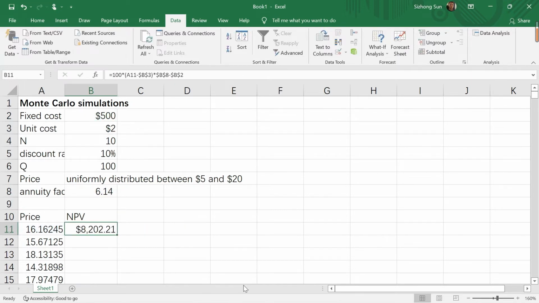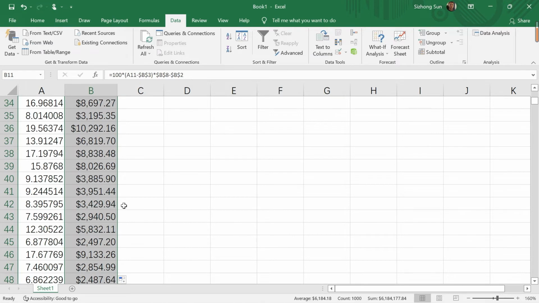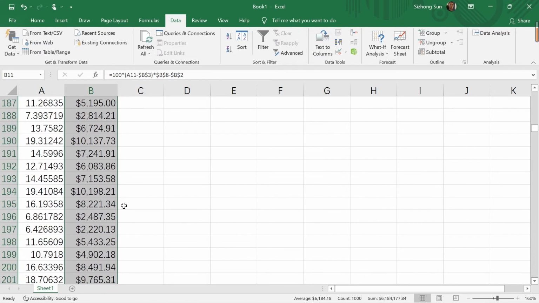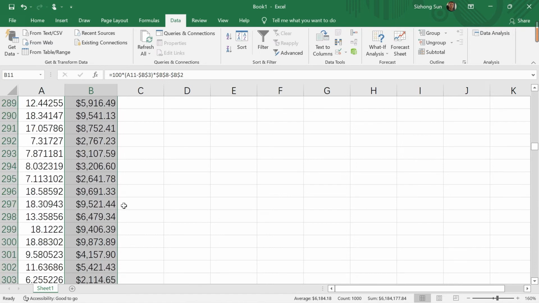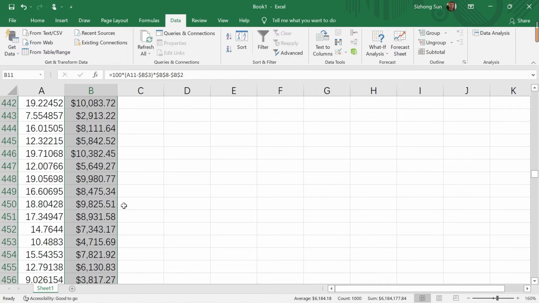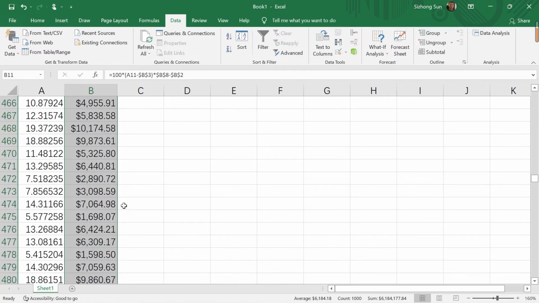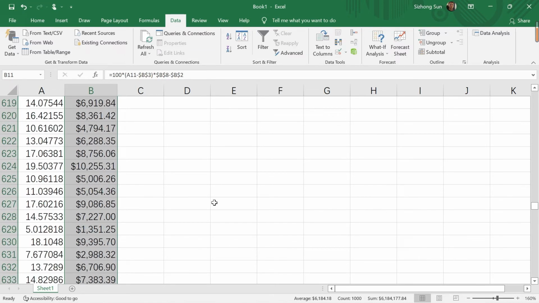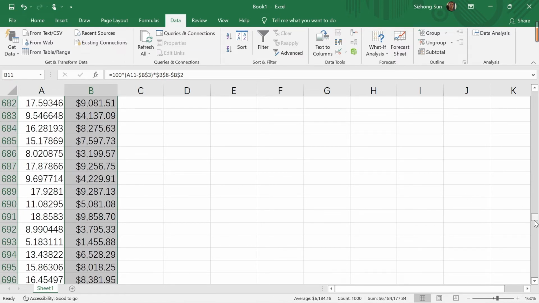Okay, so if the price is $16.16, the NPV is around $8,200, and we do it for all levels. Now we have 1,000 draws of the prices and compute 1,000 associated NPVs.